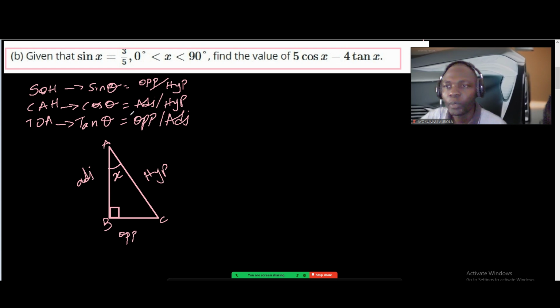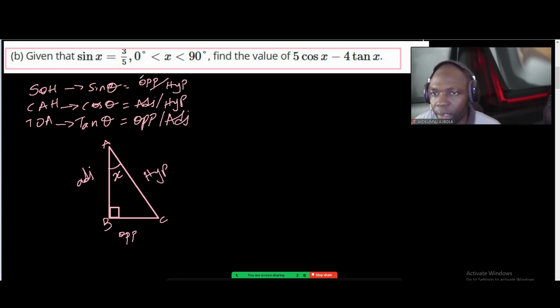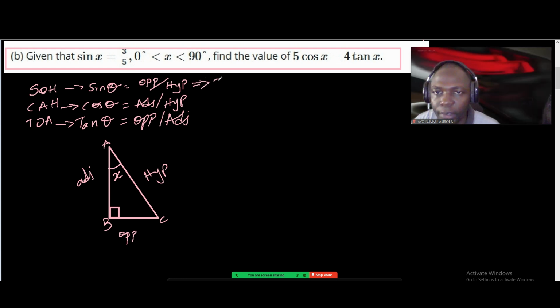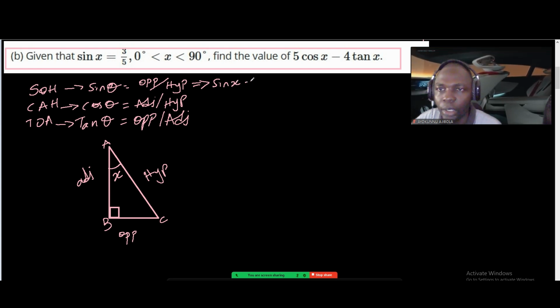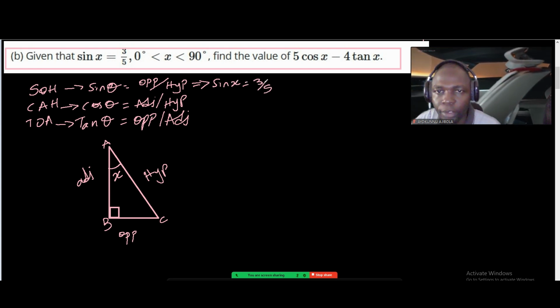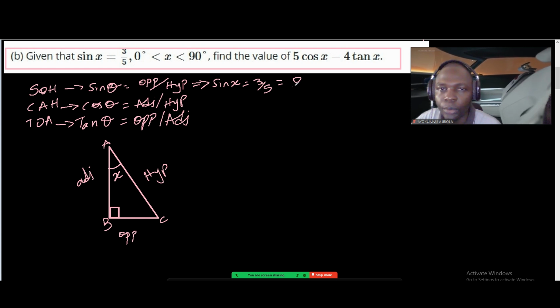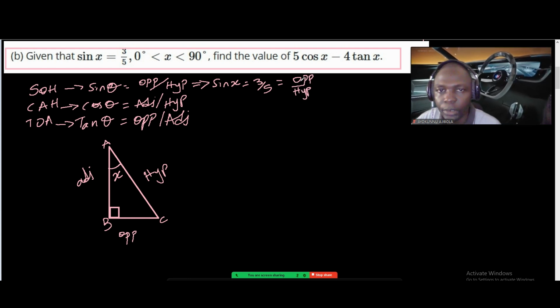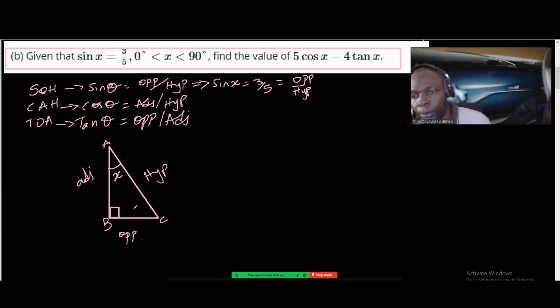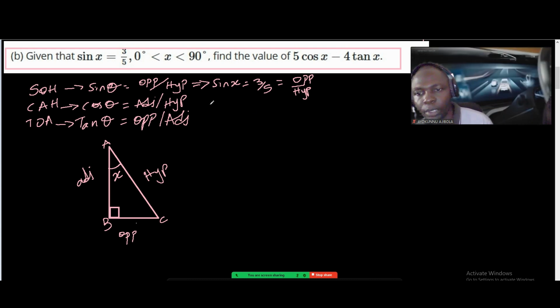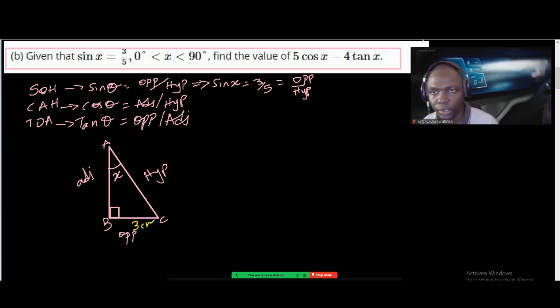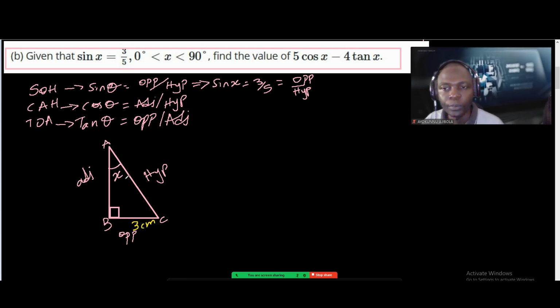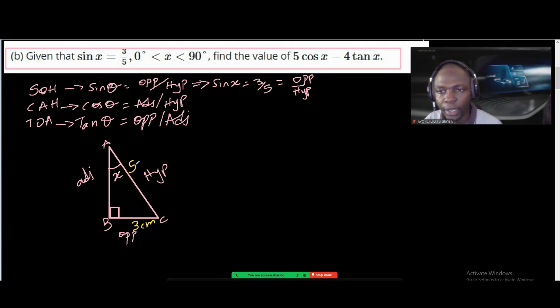Now, from what we're given, sine x equals 3 over 5. So the opposite is 3 and the hypotenuse is 5, because sine is opposite by hypotenuse. So this place below is 3 cm or something, while this hypotenuse is 5 cm or something.